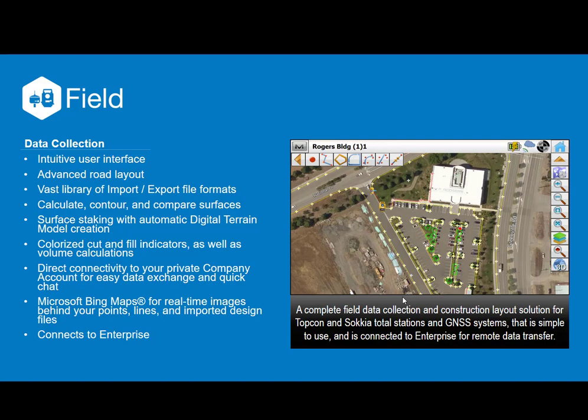We have the ability for advanced road layout. Even basic road layout capabilities. Not everybody is doing highway layout with Magnet Field, but in a case like this, a pipeline, we can treat that like a roadway instead of staking to individual points.